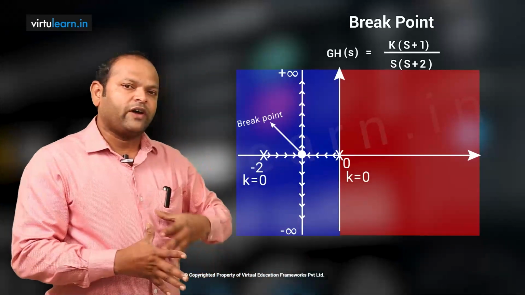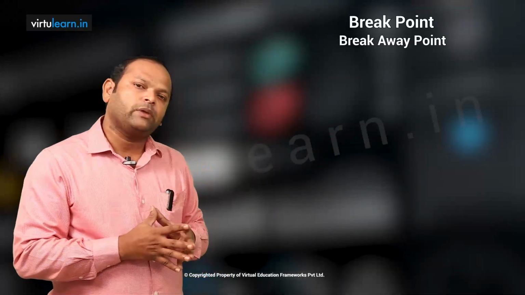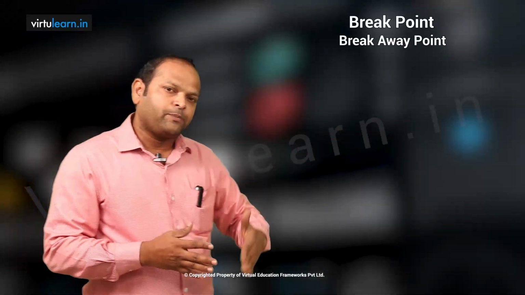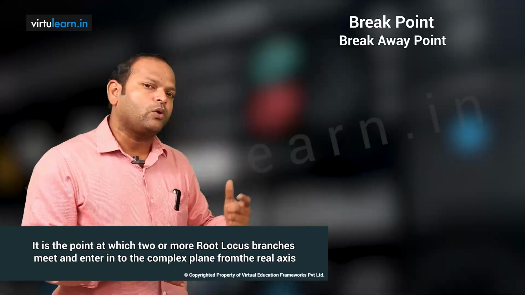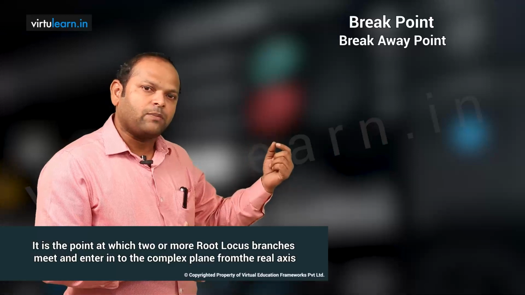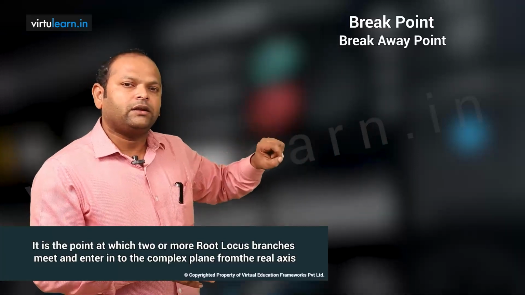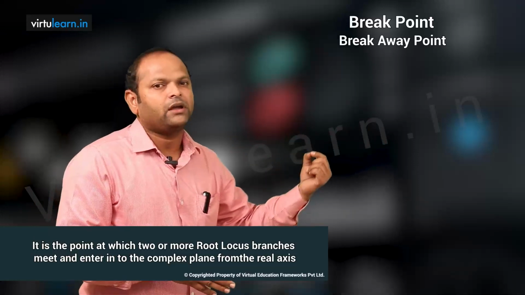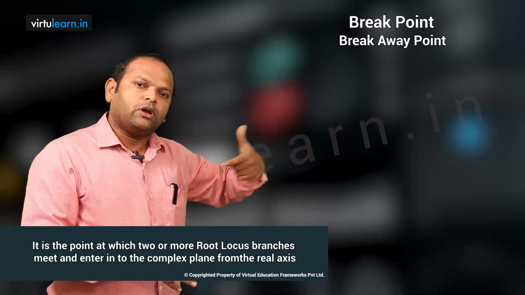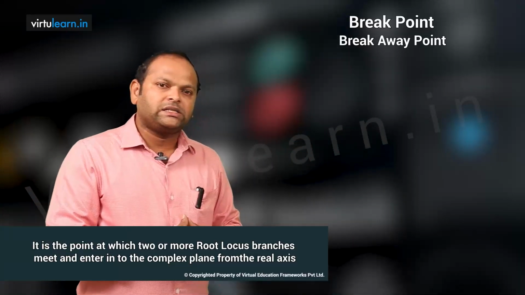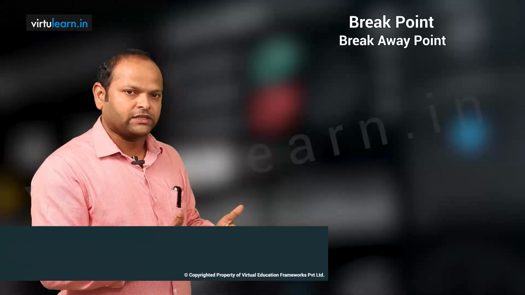So how can you define my breakaway point? The breakaway point is the point at which two or more root locus branches come and meet, and they enter into the complex plane from the real axis. Your breakaway point is like a gateway for the root locus branches.